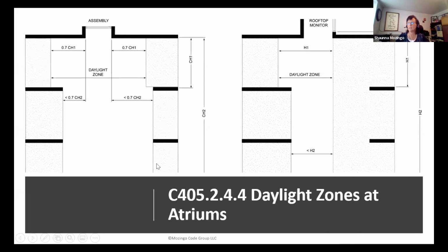There's a section C405.2.4.4 that tells you how to measure all of this. But this picture is right in the code, so this is figure C405.2.4.4. This is new for 2021. It's a lot like a daylight zone under a top-lit daylight zone. So you don't have to worry about it in the intermediate floors, but at the top floor and the bottom. So that is new.